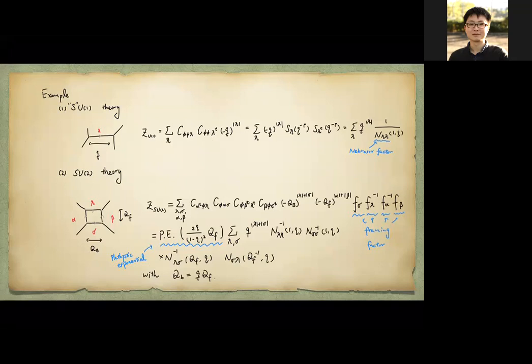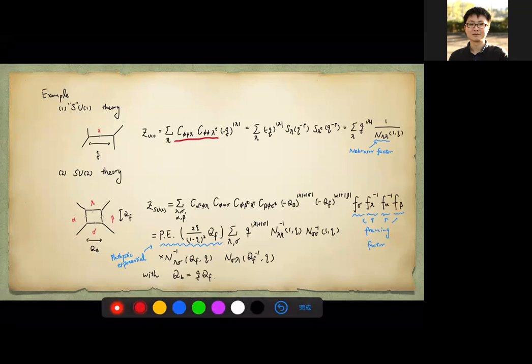We can simply assign the topological vertex to the diagram and use the Schur function. We can easily simplify it to the final expression, which looks like this. The final answer is written in terms of the so-called Nekrasov factor.